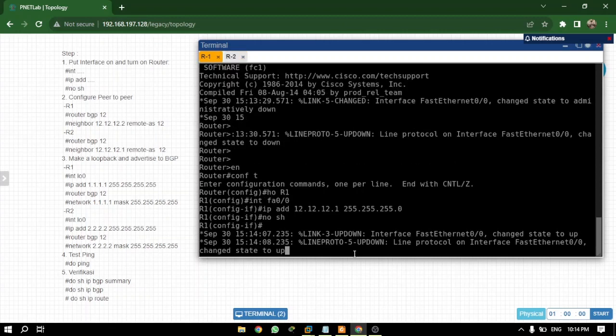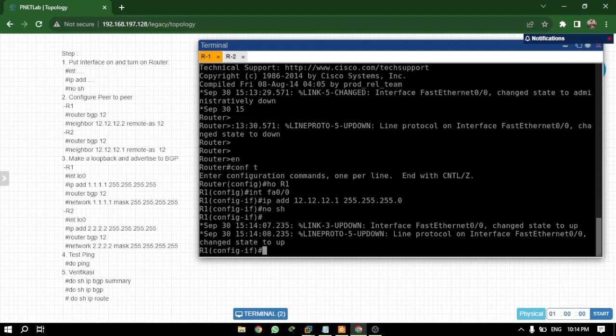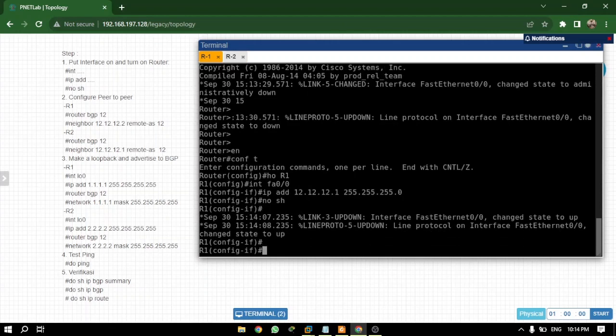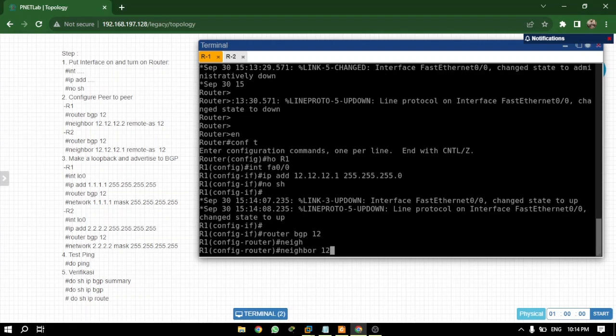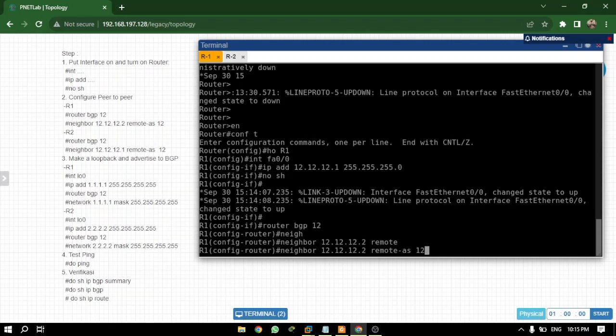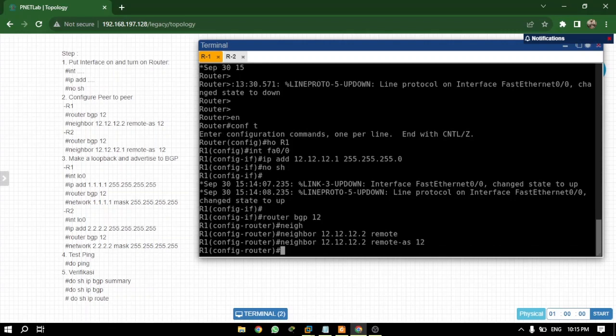Now we configure the peering, peer-to-peer: router BGP 12, neighbor 12.12.12.2 remote-as 12.